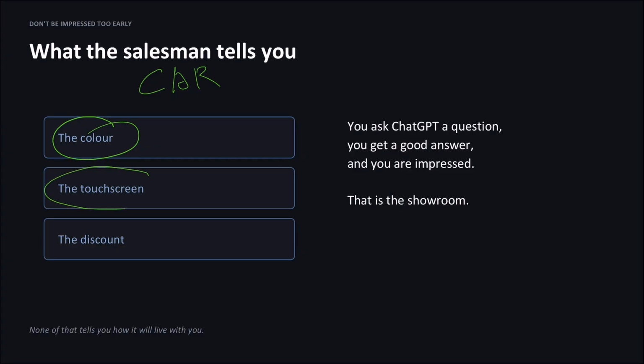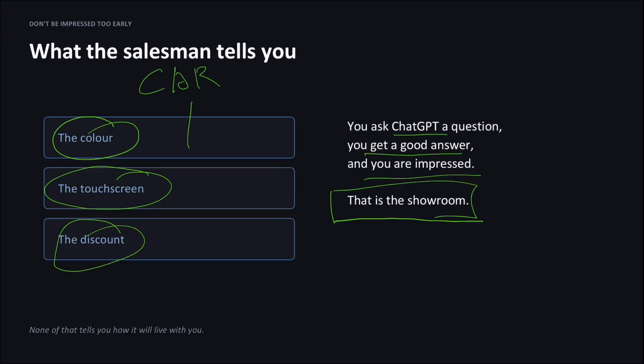He will talk about the touchscreen inside the car, maybe, which gives you the navigation part, maybe a speaker device, a radio, a sound, then he will talk about the discount, right? Same way, if we relate to ChatGPT, if you ask a question, you get a good answer and you are impressed. Yay, what an answer I got! And in like 10 seconds. That is what is happening in a showroom as well.